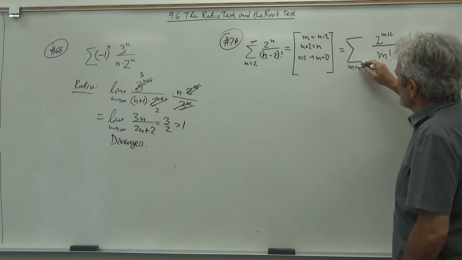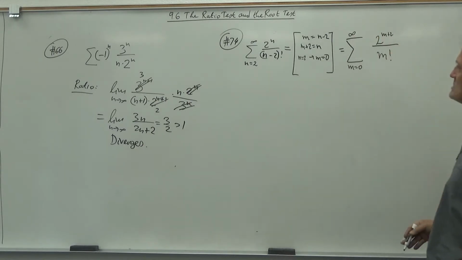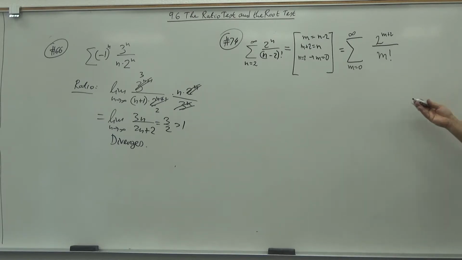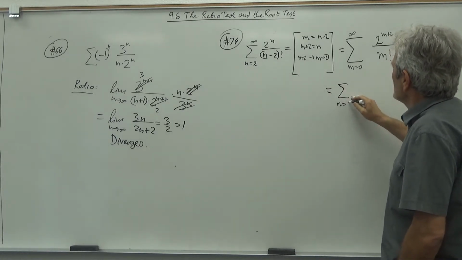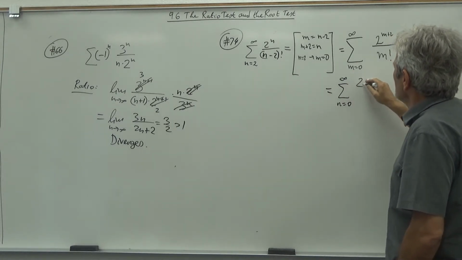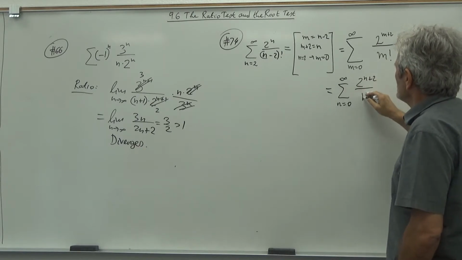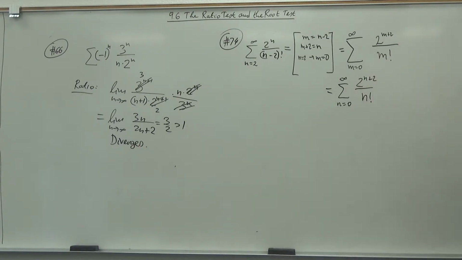So we go m equals 0 to infinity. And then of course, since this is what we call a dummy variable, it doesn't matter whether you call it m or n, so I can rename it back and call it n goes from 0 to infinity, 2 to the n plus 2 over n factorial.